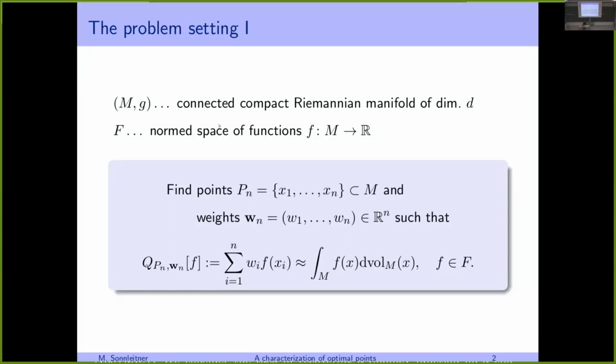So this is the Riemannian volume induced by this metric. And we want to find points such that this approximation is good, and by increasing n, it should approximate the integral for every function uniformly.